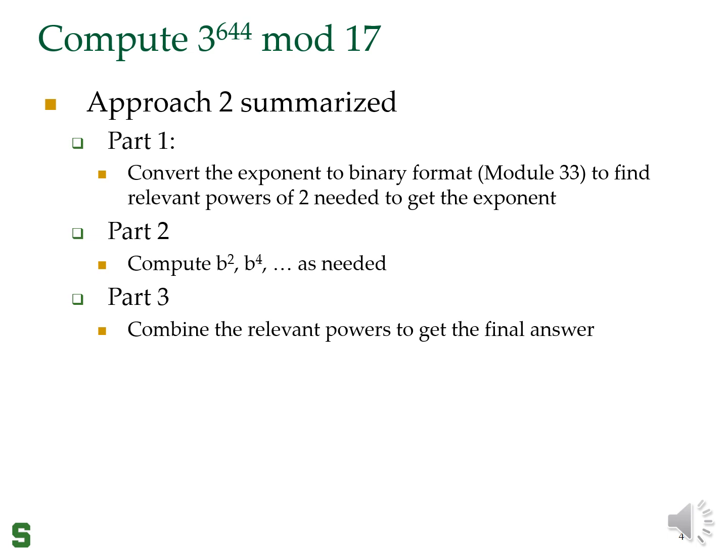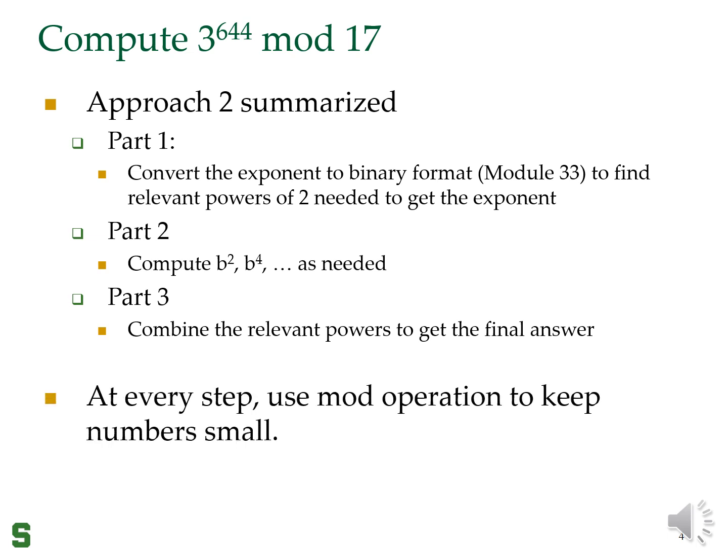Part 3, combine the relevant powers you needed to get to the final answer. Note that at every step, we should use the mod operation whenever possible to ensure that the numbers that we're dealing with are always small.